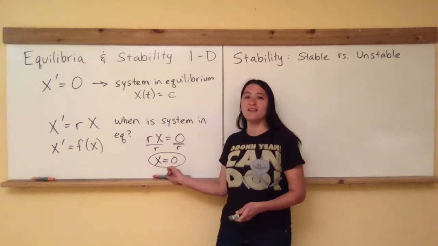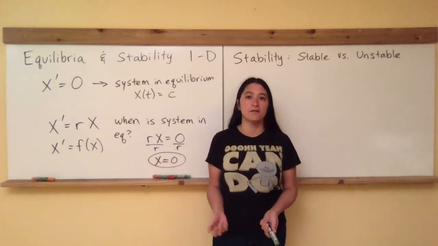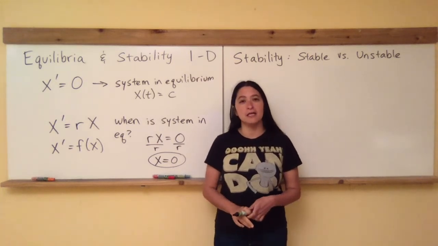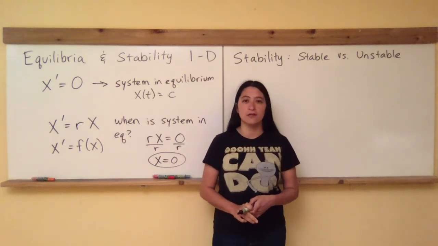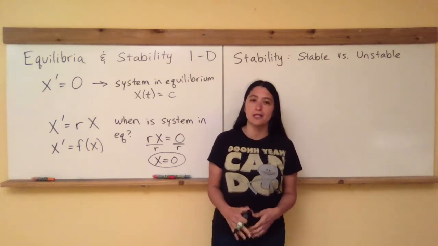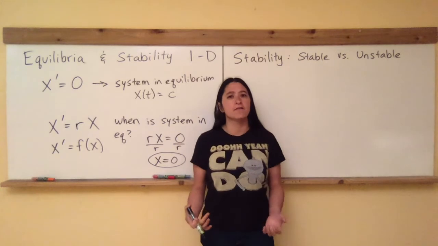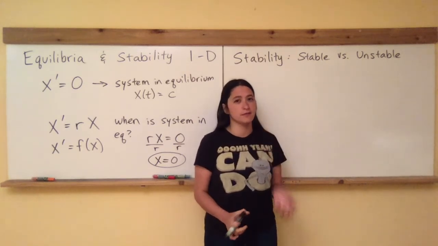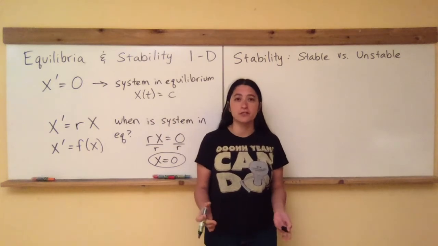Once we find the fixed point, we want to know if it's going to be classified as stable or unstable. And that's going to have to do with whether nearby trajectories are attracted to that stable fixed point or are repelled away from that unstable fixed point. The easiest way to see this for me is to use some sort of visual aid.